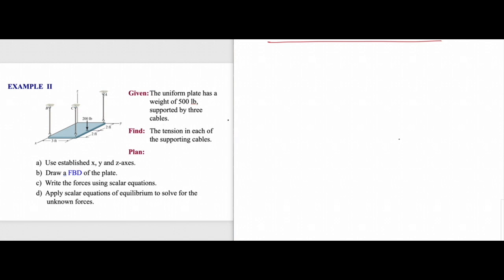So there is this weight, 500 pounds, and the weight acts at the center of gravity. That means here it's going to act at the center of the plate. So the center of the plate is 1.5 feet away from x-axis.